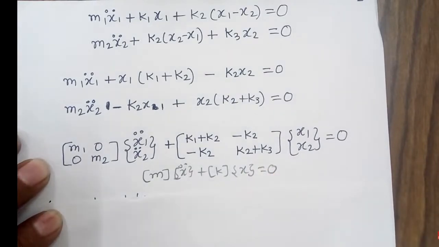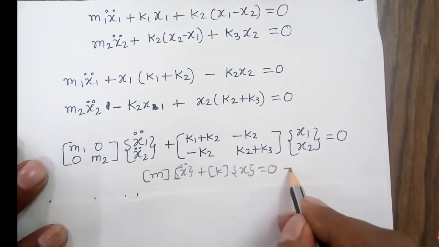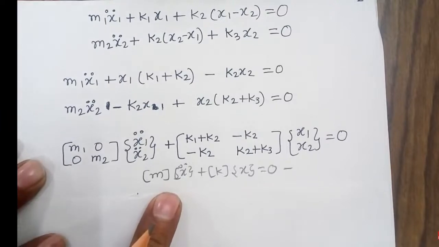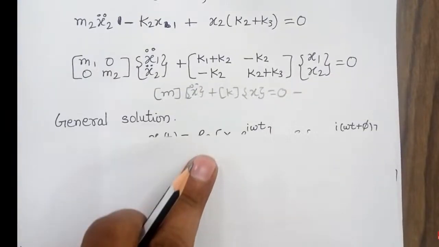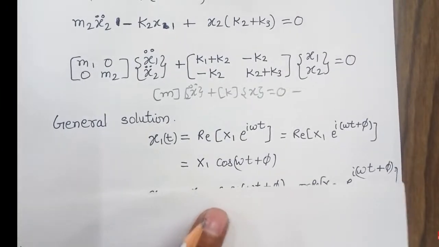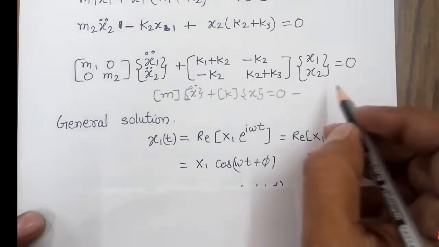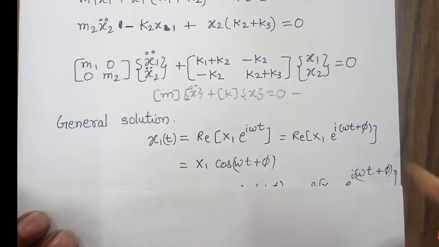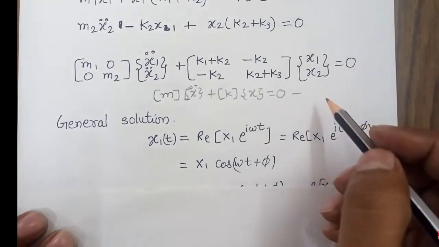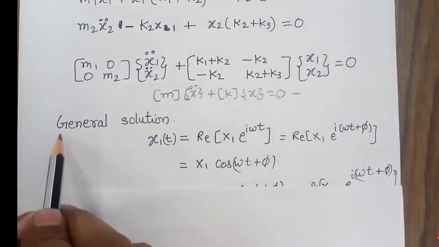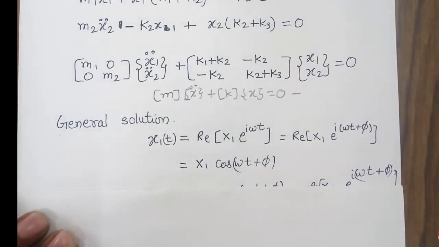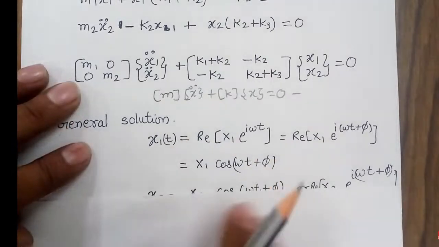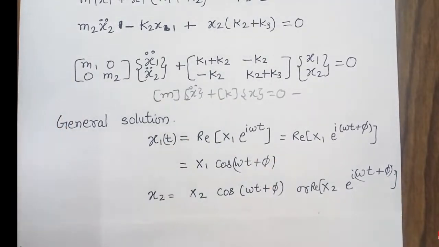So now, after getting the equation of motion for the system, the next step is to put a general solution into the equation. Since this is a second order differential equation, we can use a general solution to solve the equation, and I am taking a harmonic solution here.